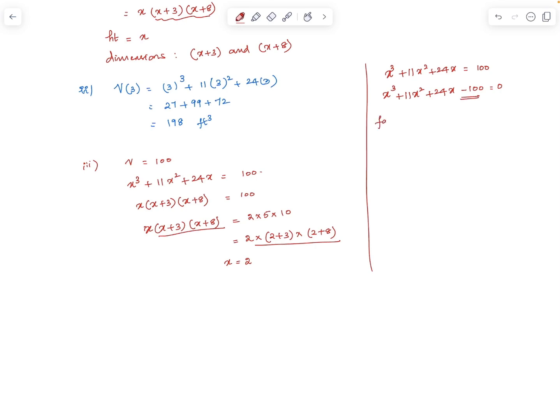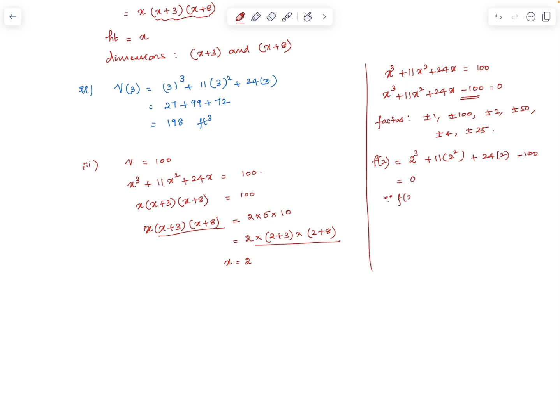The factors for that are plus or minus 1, plus or minus 100, plus or minus 2, plus or minus 50, plus or minus 4, plus or minus 25. Substituting 2, we get 2 cube plus 11 times 2 square plus 24 times 2 minus 100. On further solving, we will get 0.